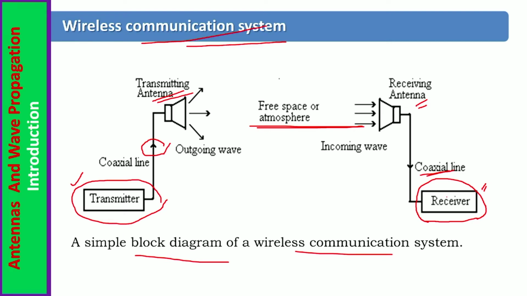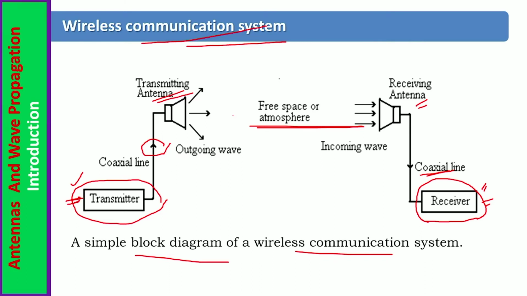The receiver then processes the RF signal and gets back the original baseband signal that was the input to the transmitter. So the receiver output is the signal that was given at the input terminals of the transmitter.